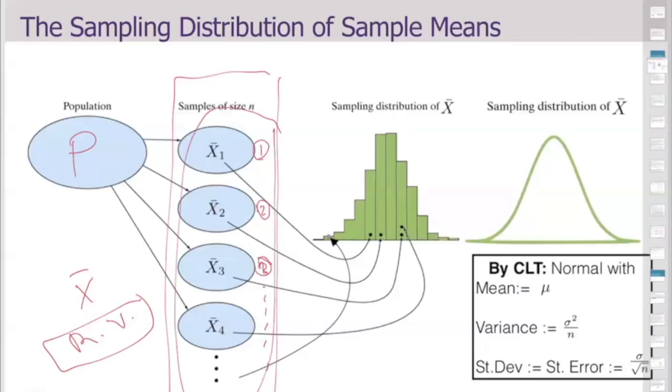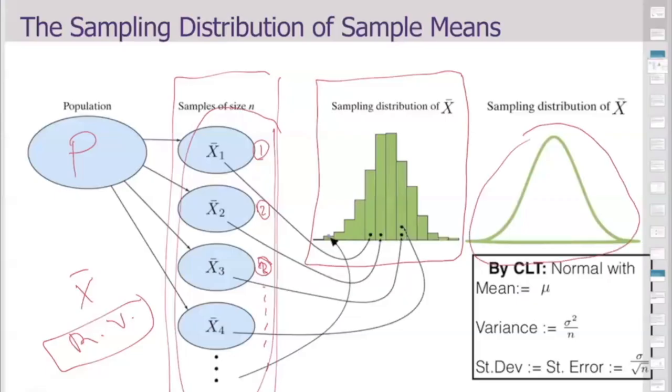If you start to draw the histogram for these values, you will find a histogram like this. It's symmetrical, and you can approximate it with the normal distribution, as you can see here.